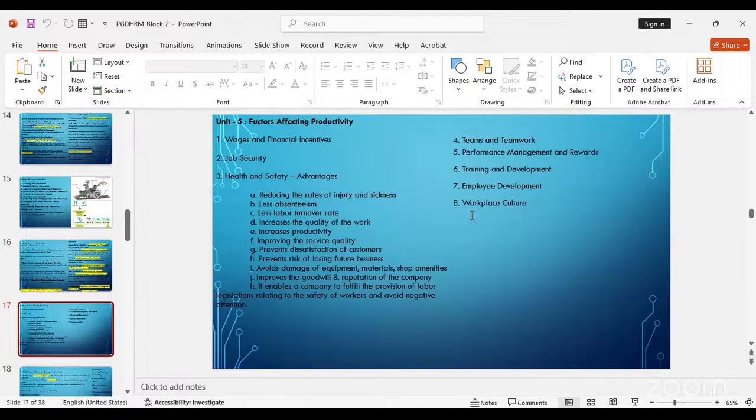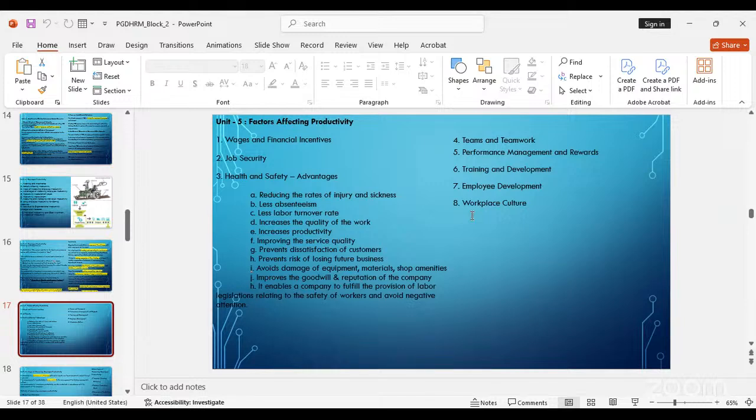Now let us look into the factors affecting productivity. What are the major factors? Remuneration, wages, financial incentives, job security, health and safety, the teams and teamwork, reward system, training and development, employee development, workplace culture.